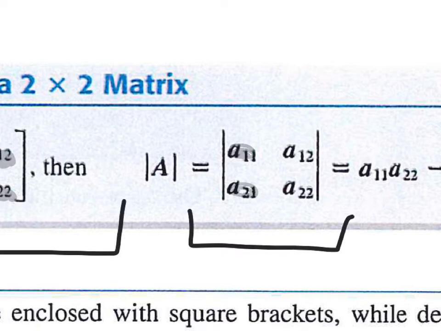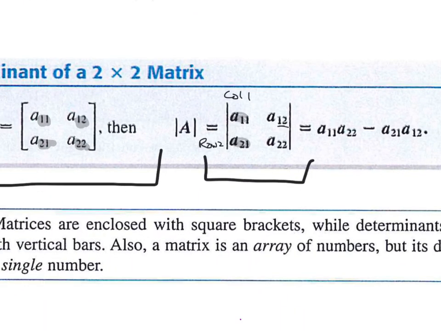This A21 is telling you that it's in row 2 and then column 1. So it's telling you where it's located in either your matrix or your determinant. Then A22 would be row 2, column 2. A12 would be row 1, column 2. So it's telling you where it's located.